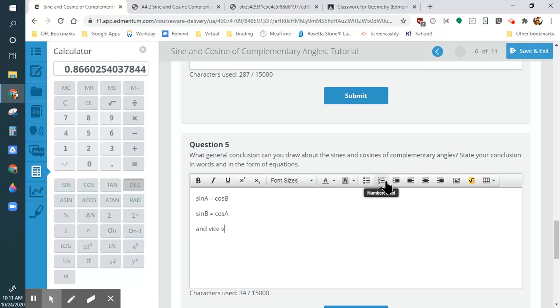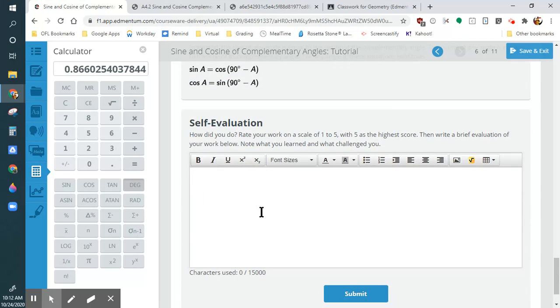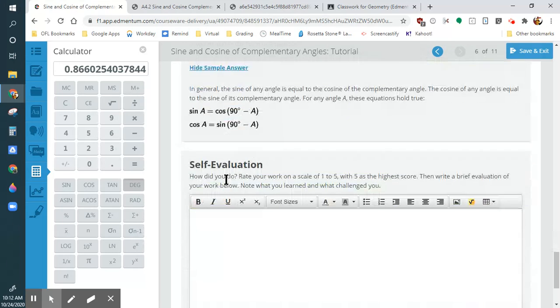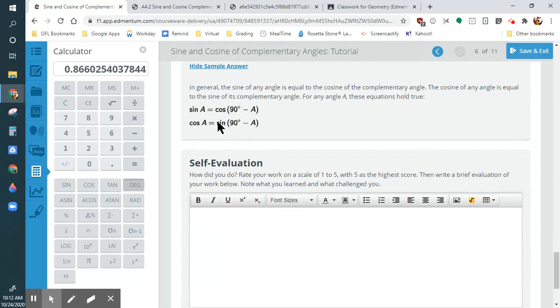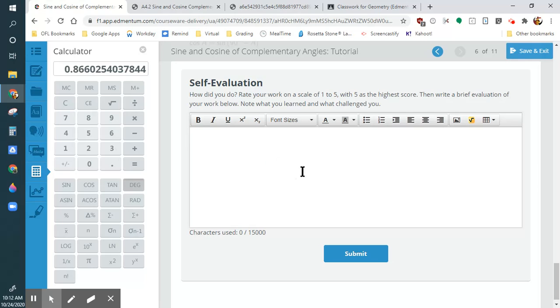I gave a really big explanation of this in the last answer. And this one, oh, they do it with this. They're saying they're complements of each other. So they did it all fancy. They officially wrote the complement of the one is equal to the complement of the other.